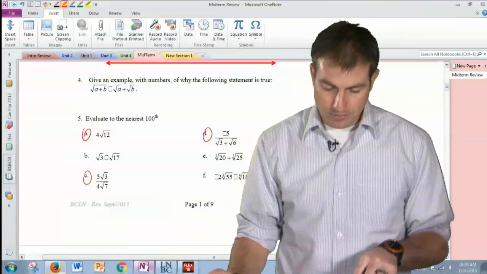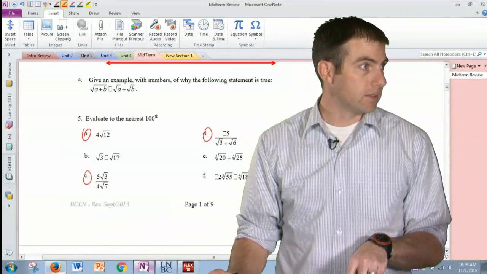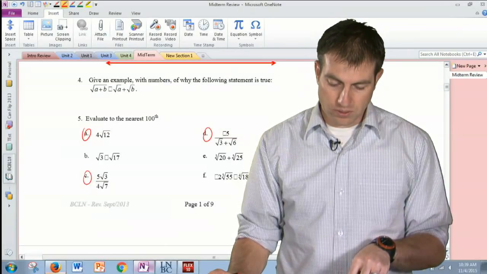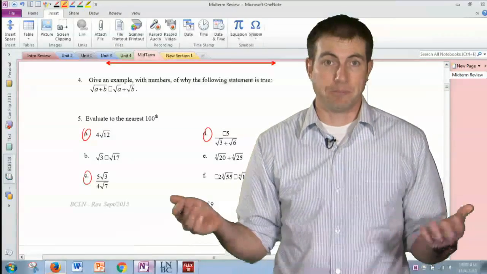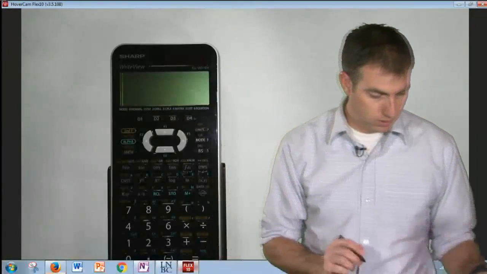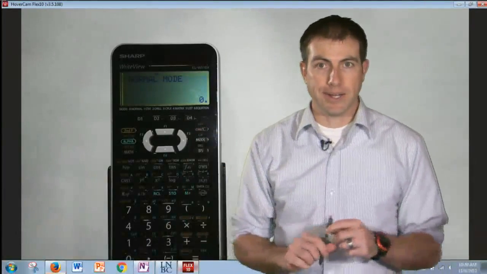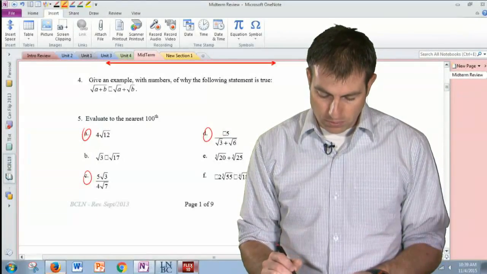So number 5, evaluate to the nearest hundredth. This is basically using your calculator. If you have a calculator handy, the first one is 4 root 12.